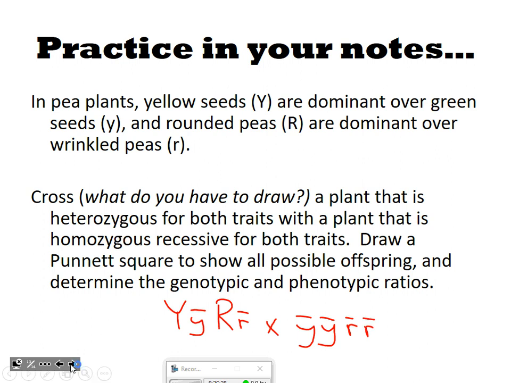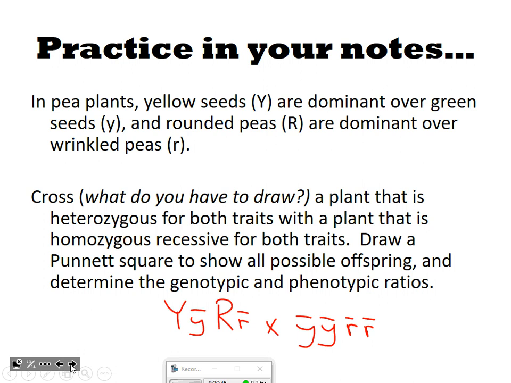Now, do you think you can set up that Punnett square with the mom and the dad the way it needs to be? Okay? The way it needs to be.